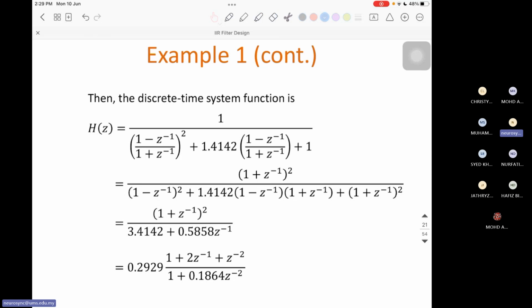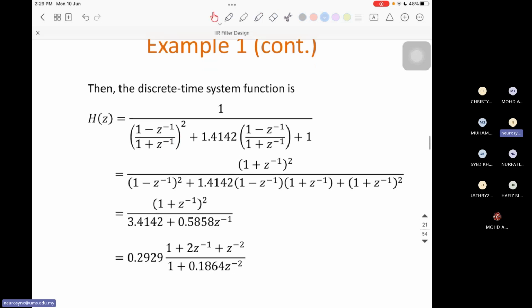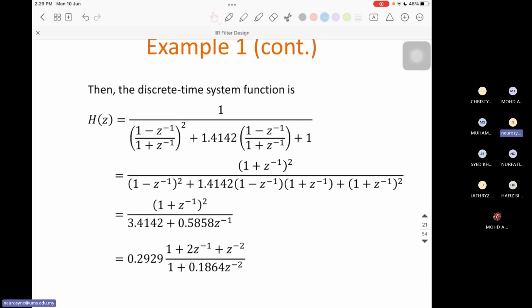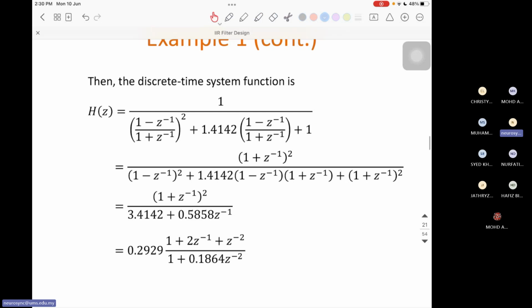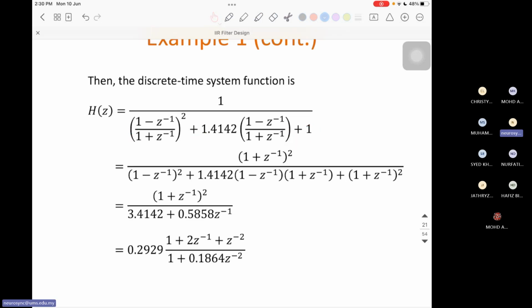Now, what you will do? You will get the H of z. Instead of s, you need to put c into this term. Here c is equal to 1. So this is s square plus this term into s plus 1. If you simplify this, the base is 1 plus z inverse, squared. If you take this common, you multiply this term with this, and this is again squared, so this denominator will go in the numerator.